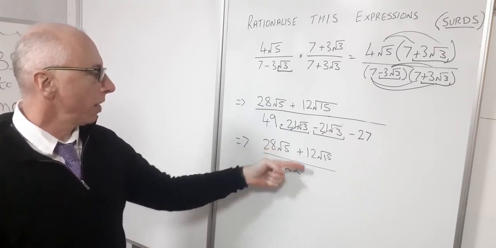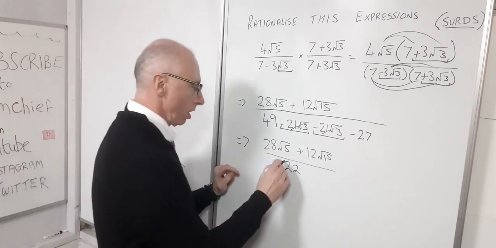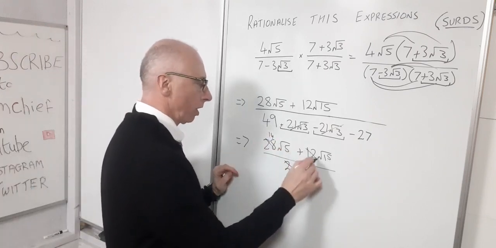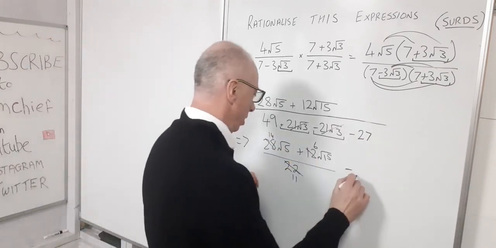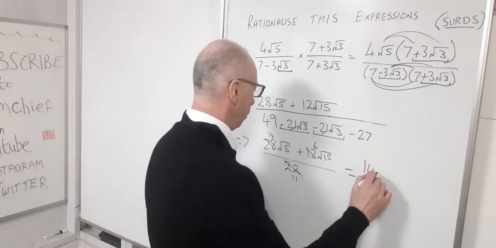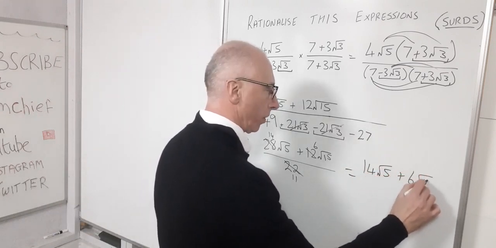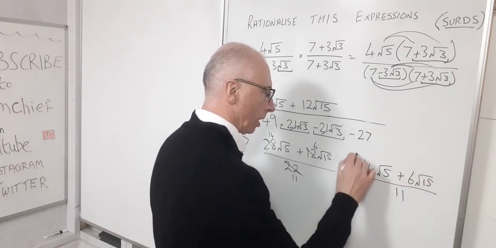Now we can simplify this even more. 28, 12 and 22, they all divide by 2. So that one will become 11, that one will become 14, that one will become 6. So we can now put in our final answer as 14 root 5 plus 6 root 15 divided by 11.